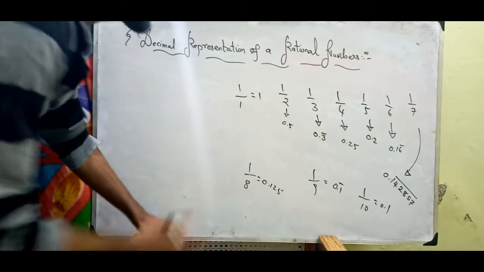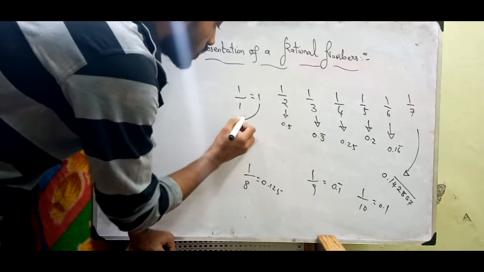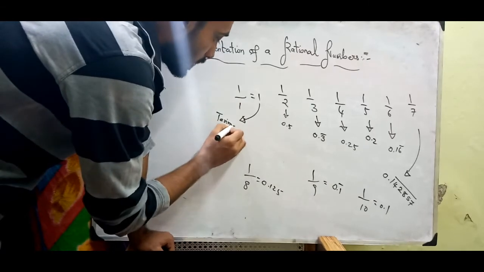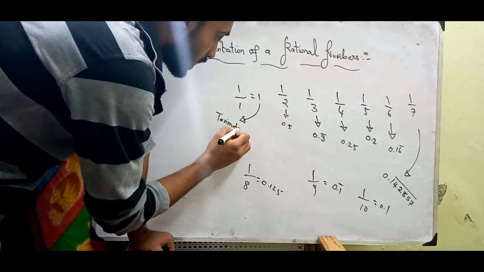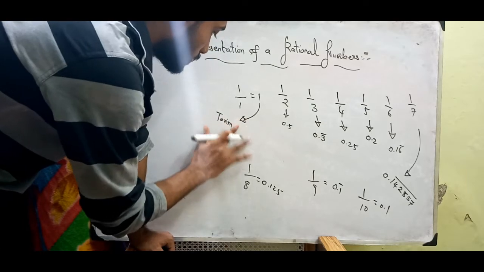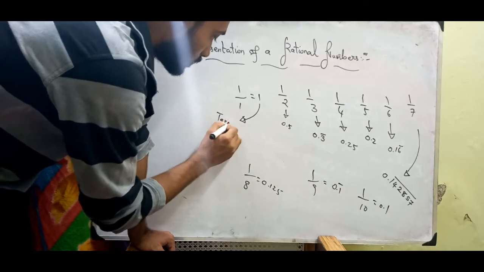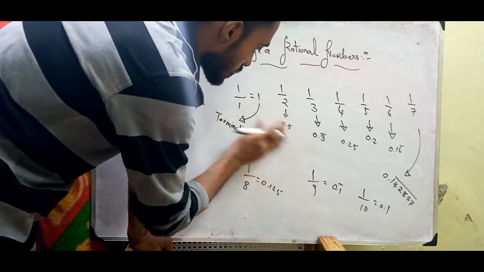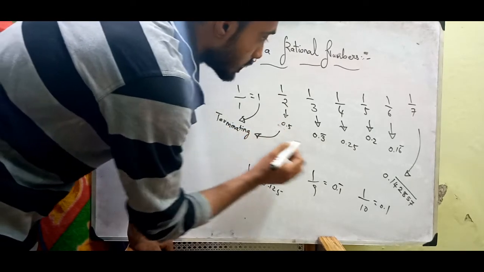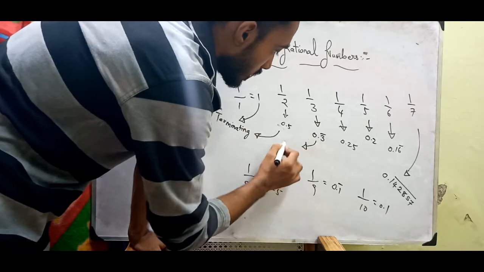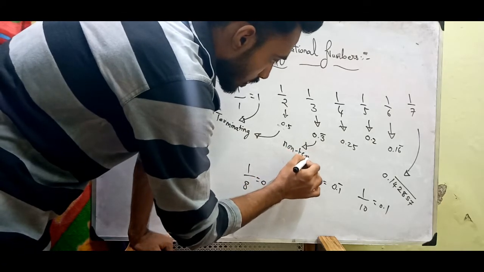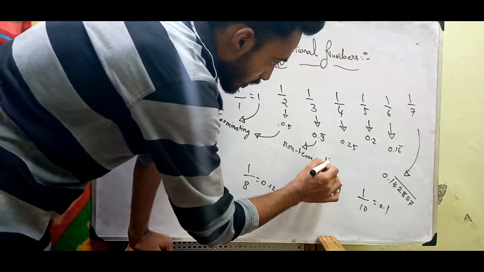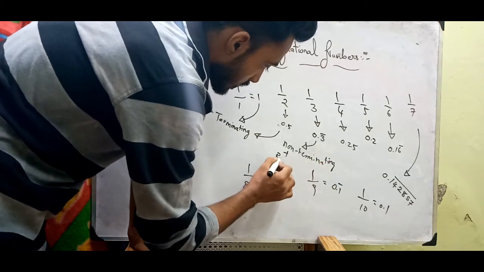Now we can write these numbers are terminating. This number is also a terminating number, and this is non-terminating plus recurring.